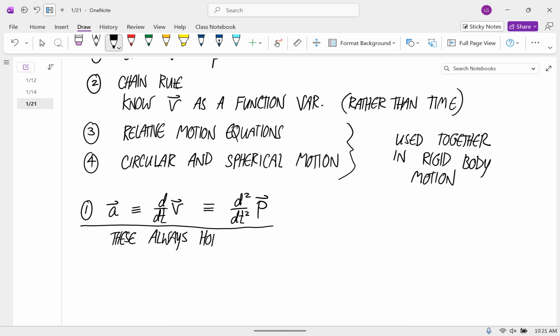In fact, these even hold in the case of rotating coordinate systems. It's just that calculating those derivatives gets more complicated.